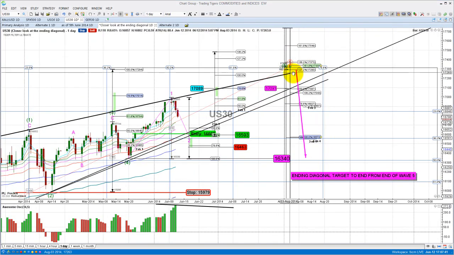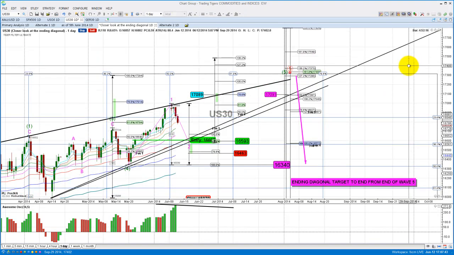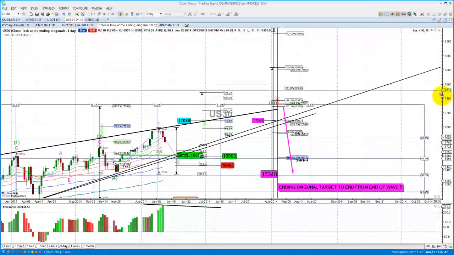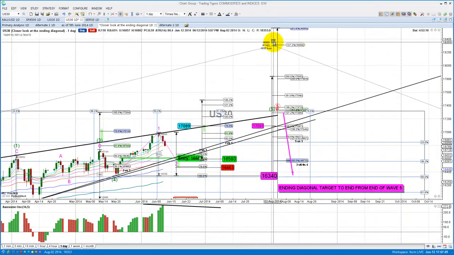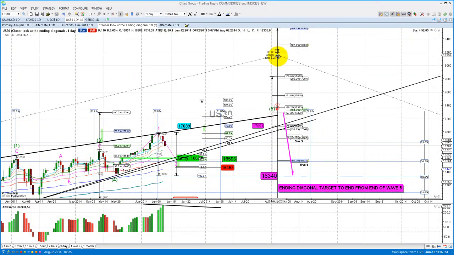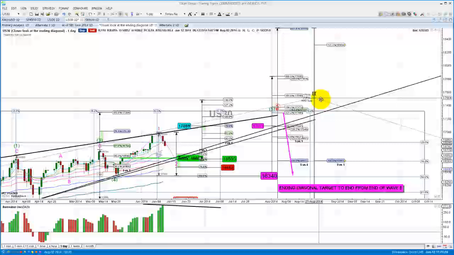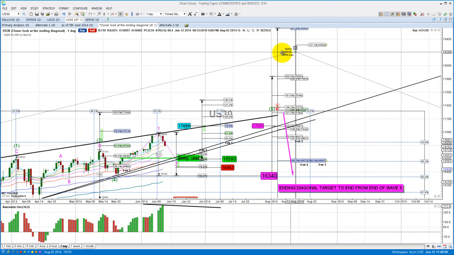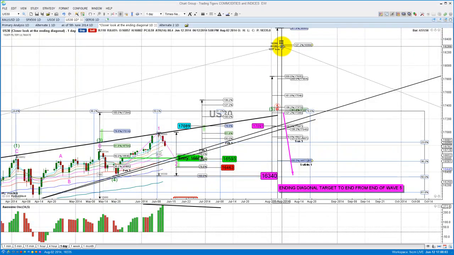So around this area there is a lot of things happening. The wave 3 of the larger cycle is around here. That's where the 127 finishes, but of course it's in between the 100% level and the 127 level, so it can stop anywhere.